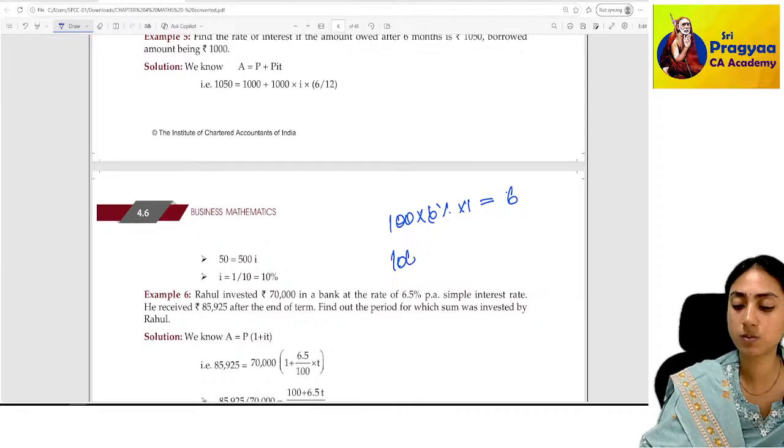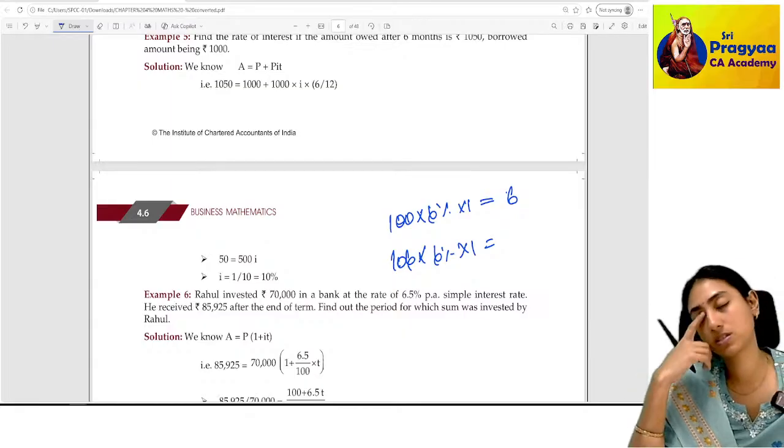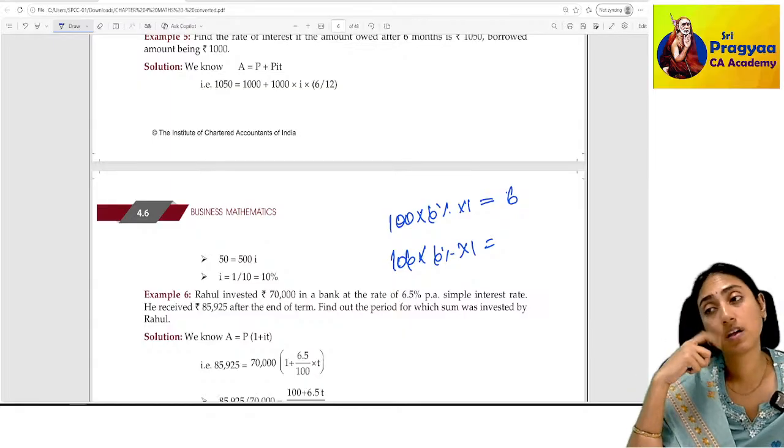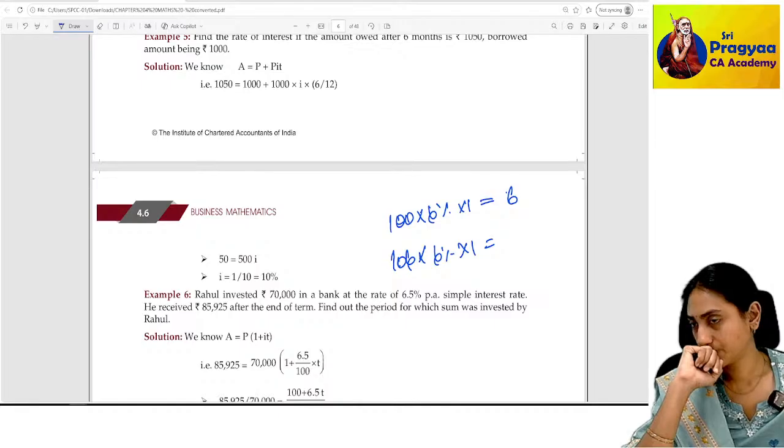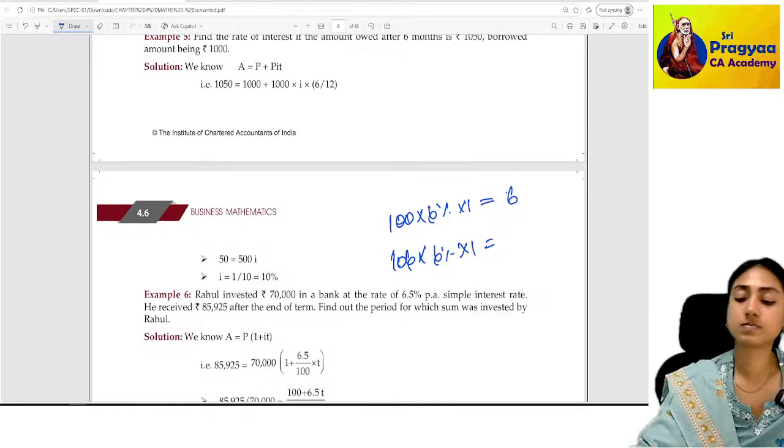Which is 106 into 6% for the second year, that is 6.36.